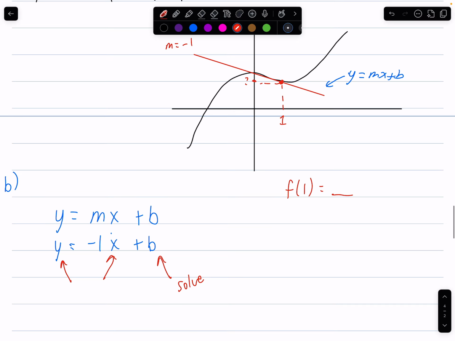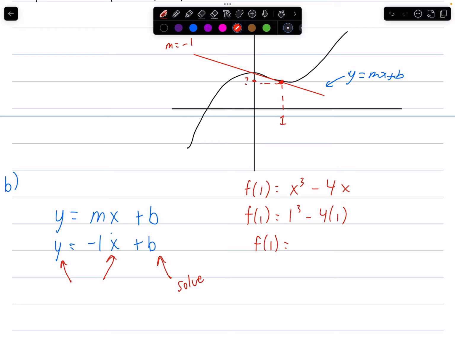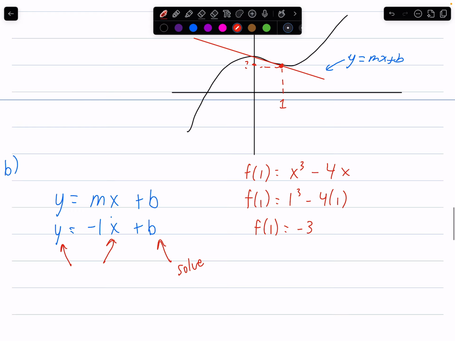So we're going to find f at 1 by using the original equation. f at 1 is equal to 1 cubed minus 4 times 1. f at 1 is equal to 1 minus 4, which is -3. So now we know that this point is 1, -3.